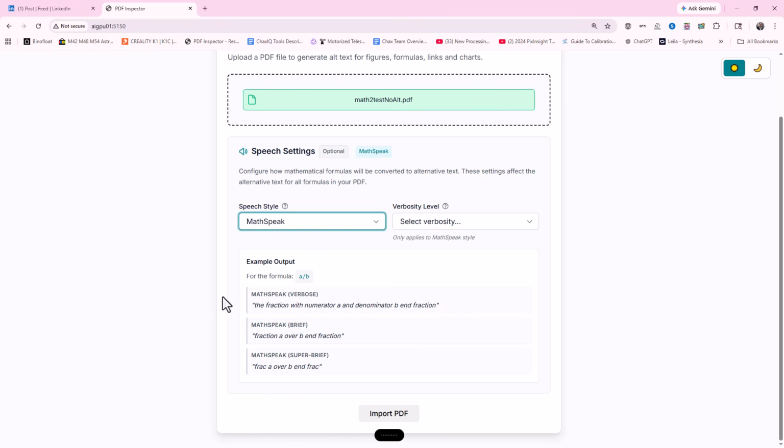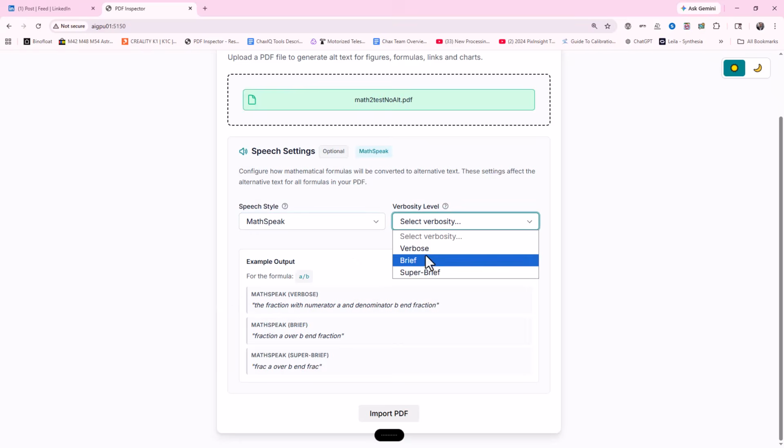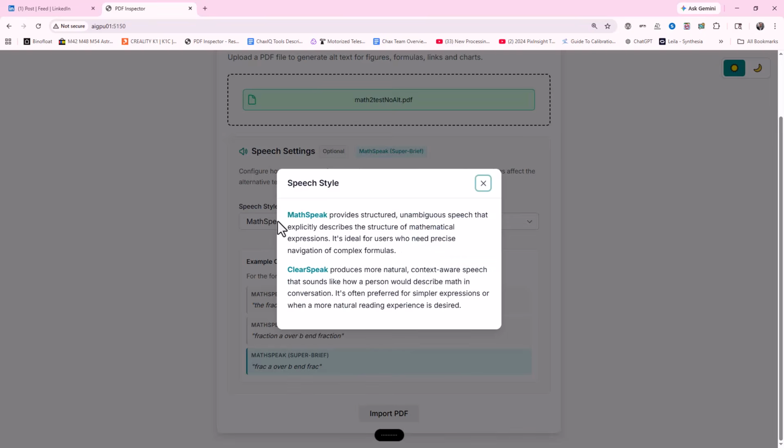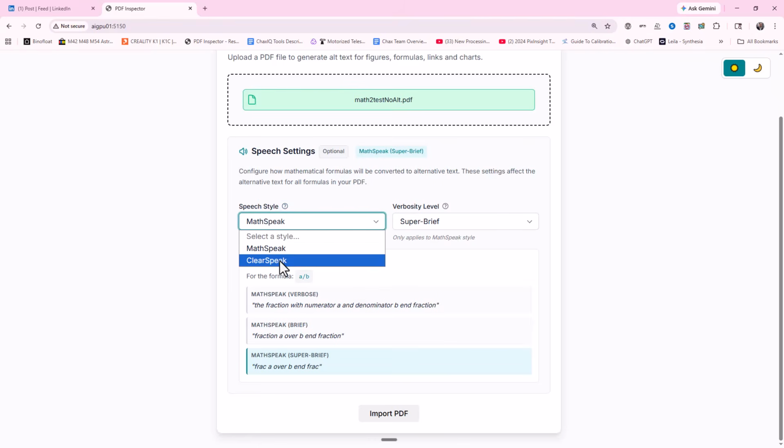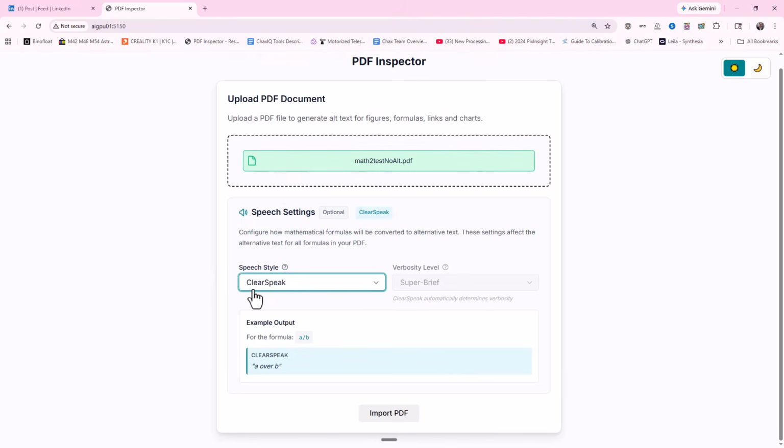So you can see that we have some verbosity settings for verbose, brief, or super brief, and you can see the examples of what those are. Or you can choose ClearSpeak, and ClearSpeak is more my favorite. I think it's a simpler language, but either way, you choose your thing and then you choose import PDF.